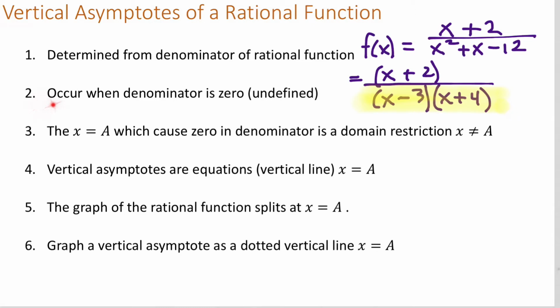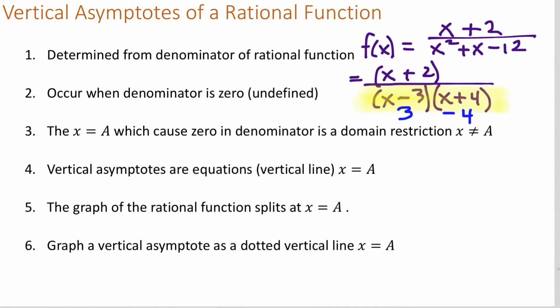Next, we want to identify the x values that cause the denominator to go to 0. So to do that, you want to look at these two factors here. When x is equal to 3, x minus 3, that factor is 0. And when x is equal to minus 4, x plus 4, that factor goes to 0.